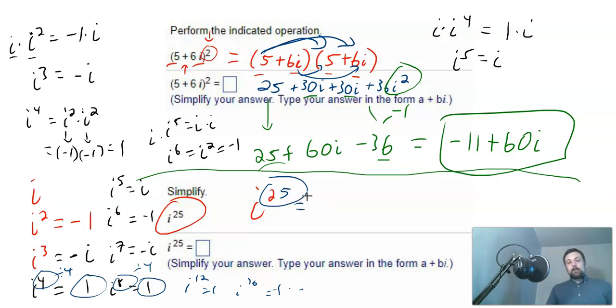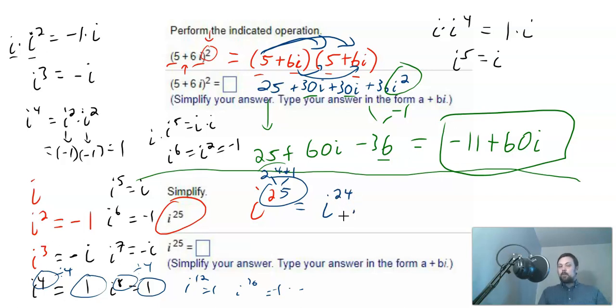Obviously, 25 is not divisible by 4. But what you can do is split up the 25 as 24 plus 1. So I take the 25 i's I have, and split off as many as I can where the exponent will be divisible by 4, because I know the answer for that is just going to be 1. So I can rewrite i to the 25th power as i to the 24th power, because that can be divided by 4.